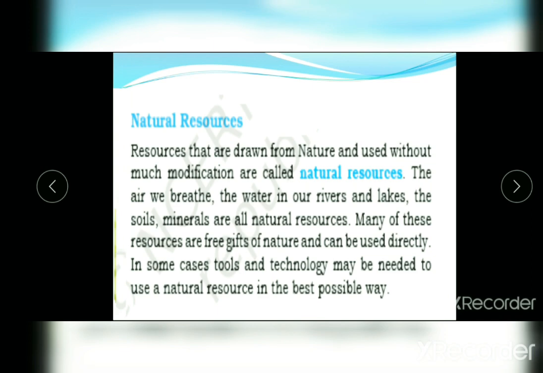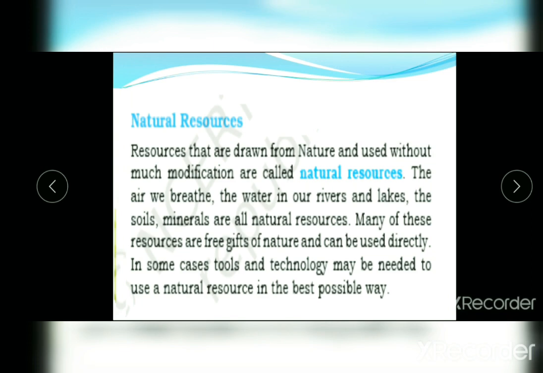But when the farmers pluck the fruits, they send them to a factory, and in the factory various jams and pickles are made from them. Then it cannot be called a natural resource, because the resource is totally modified, and the fruit is turned into jam. The air we breathe, the water in our rivers and lakes, the soils, minerals are all natural resources.